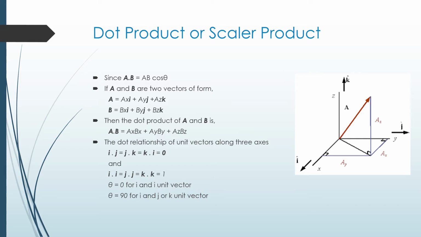So A dot B is always equal to AX into BX plus AY into BY plus AZ into BZ. It is simple mathematics in which i dot i is always equal to 1, and the dot product between the different unit vectors will always be equal to 0.